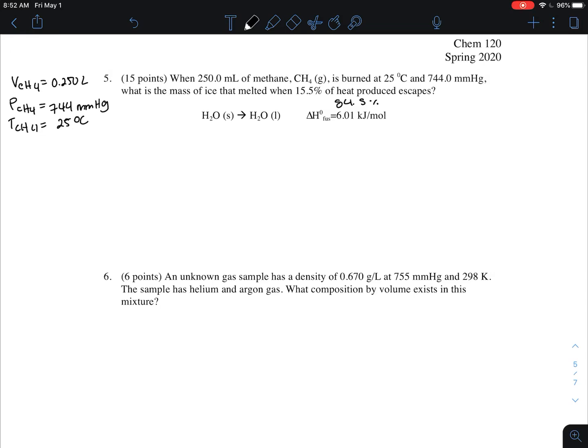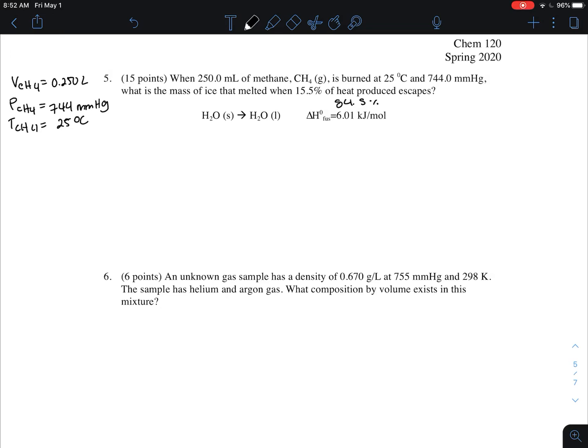Well, I'm probably going to need to use these units because everything I visualize is the ideal gas law. But how does that work here? I'm also given my heat of fusion for the solid and the liquid of water. Okay, let me go back. Let me read this again.